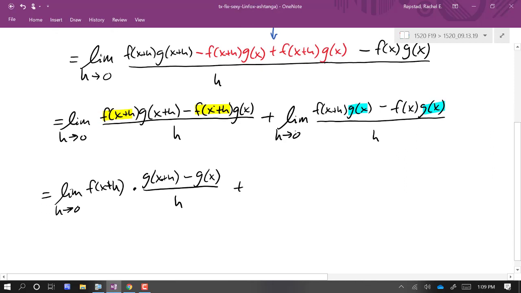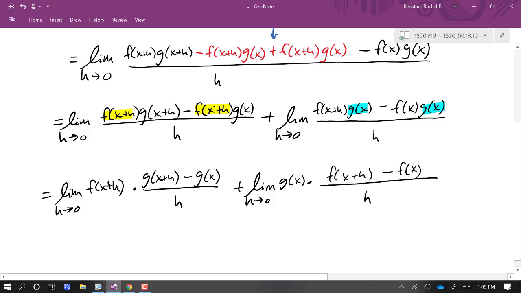And in the second limit, I could take out a g of x, and then what's left inside in the numerator. Now, right about now, things might look a little familiar. We can split up a product. We can split up a limit over products.